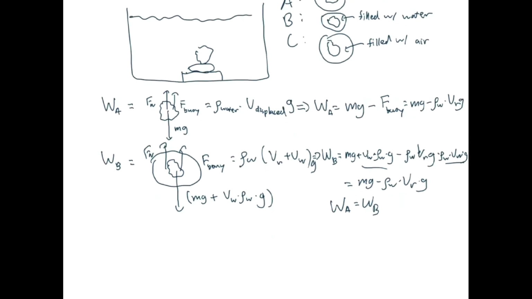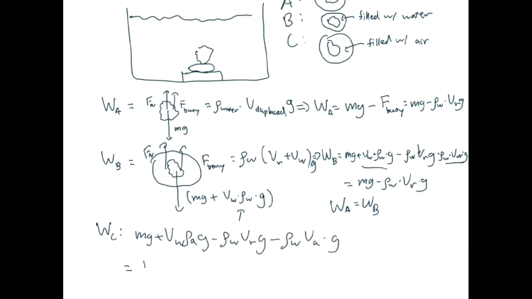Now what about Carol's weight? It's going to be the same thing, except instead of the density of water, it's going to be the density of air. So mg plus the volume of air times the density of air times g, minus rho water volume of the rock times g, minus rho water volume of the air times g.